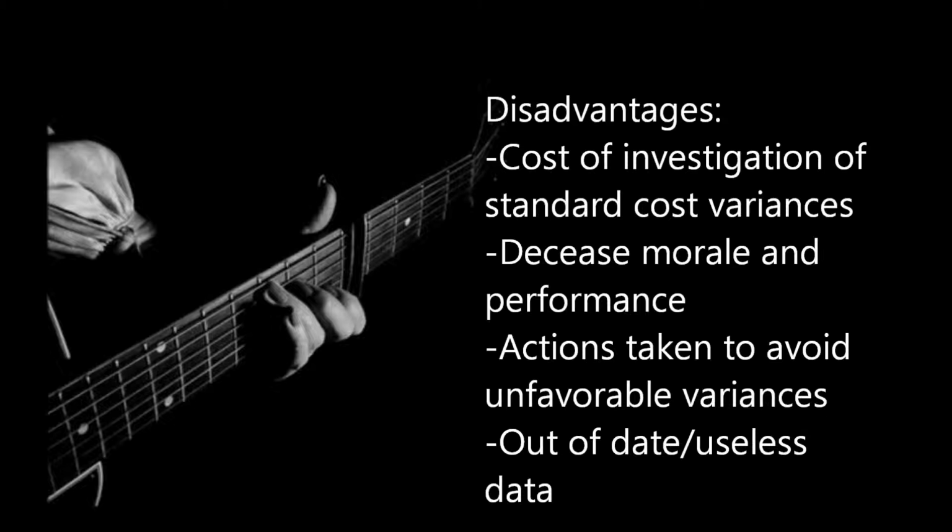If this is the case, timely, frequent reports that are approximately correct are better than infrequent reports that are very precise but out of date by the time they are released. In order to avoid such a situation, American Guitar managers should report variances and other key operating data more frequently.